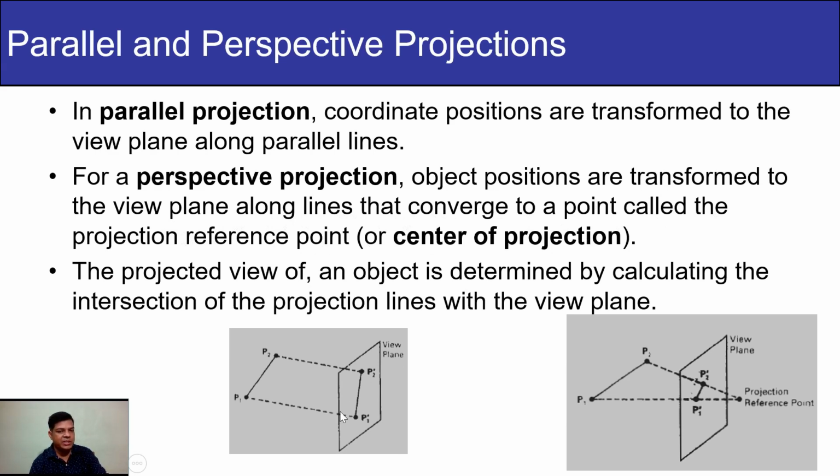And the intersection of projection lines with the view plane defines the new coordinate positions of the objects. Here you can see that these lines intersect on the view plane, and the intersection point defines the new position of the object. The projected view of an object is determined by calculating the intersection of the projection line with the view plane.